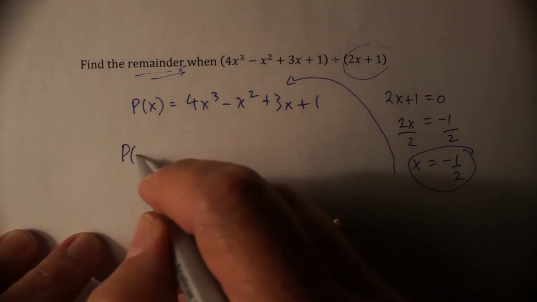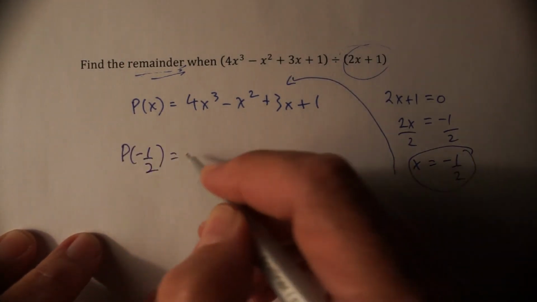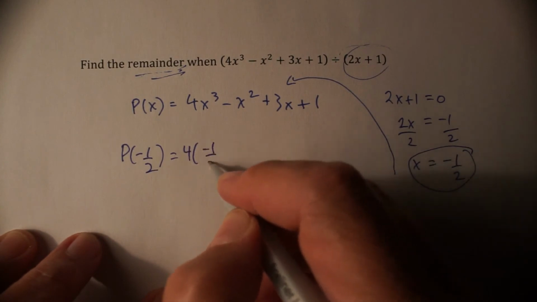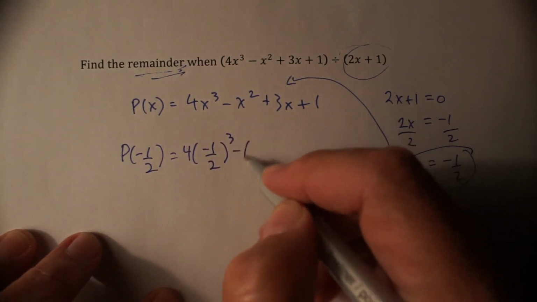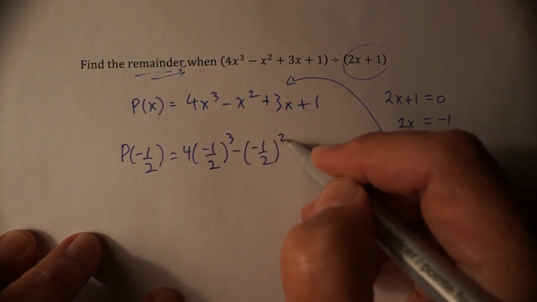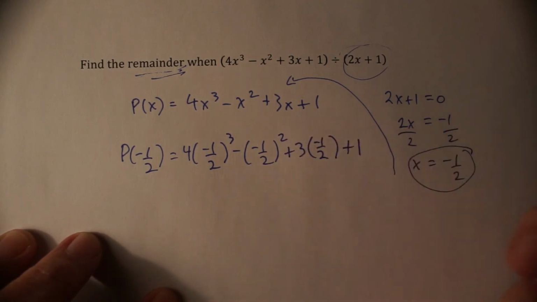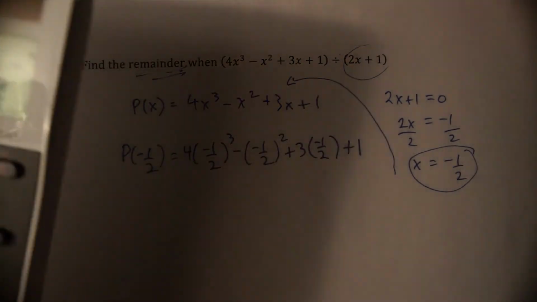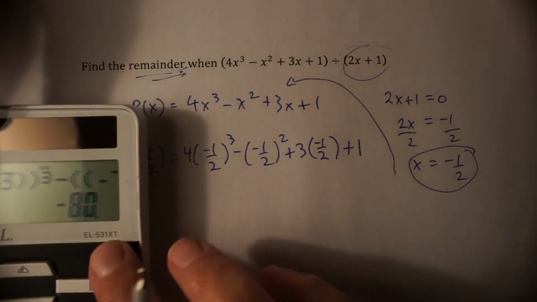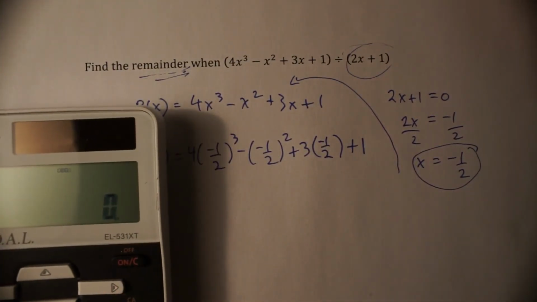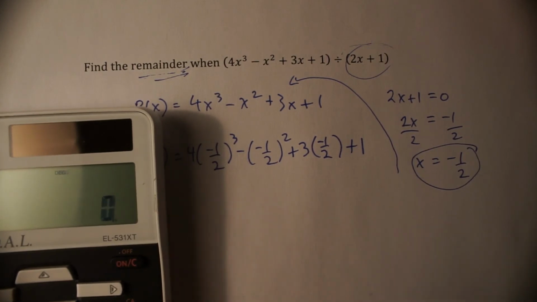So let's see. Now, it's not a very nice number. It's a fraction, but well, we're not afraid of fractions here. Okay, minus negative a half, everywhere we have an x. So we have a handy dandy calculator with a fraction button. Our very favorite friend. Now you could use negative 0.5, but let's use our fraction button.